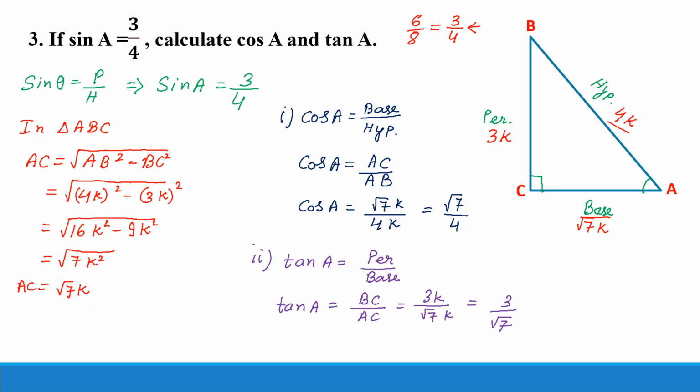What you need to keep in mind, whenever the ratio of any trigonometric function is given, like sine A was given over here, we won't consider 3 and 4 as the sides of the triangle, rather we will take it in proportional form like 3k and 4k. So this is this question. Let's move on to the next question.